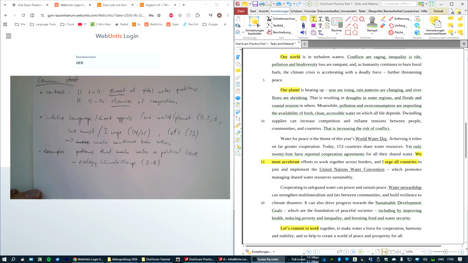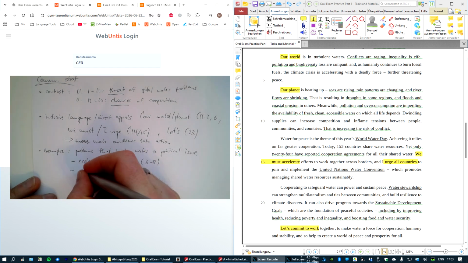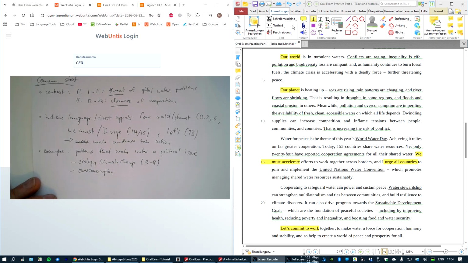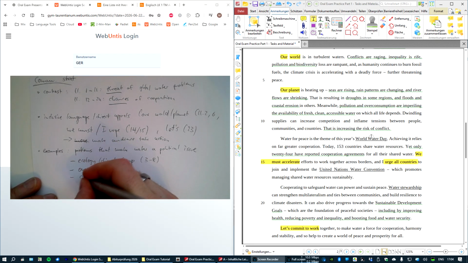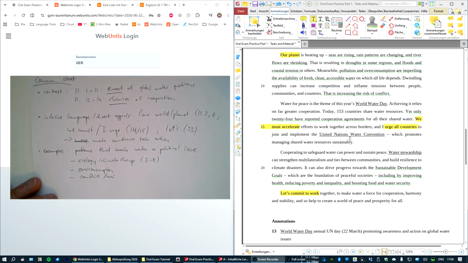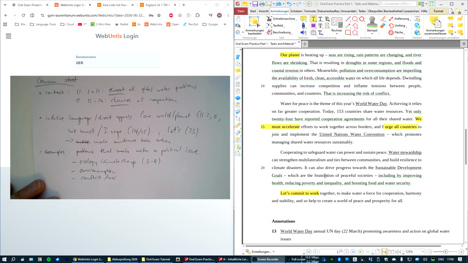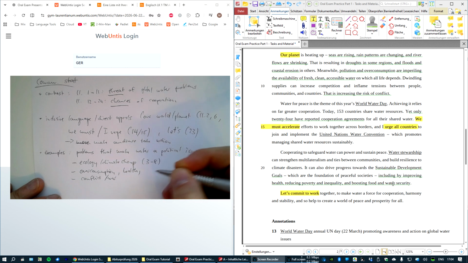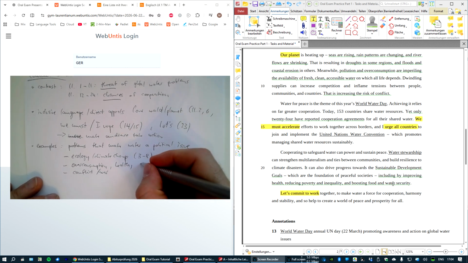Then on way of life, overconsumption again, and then we've got conflict and war, and we've got poverty, food and water security. Overconsumption, health, food and water security.